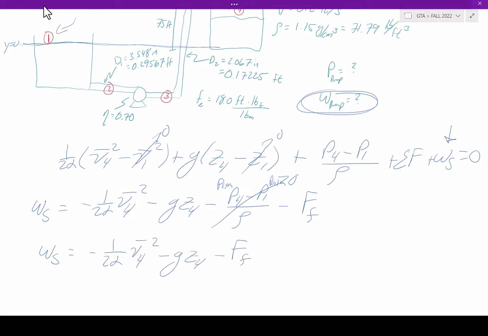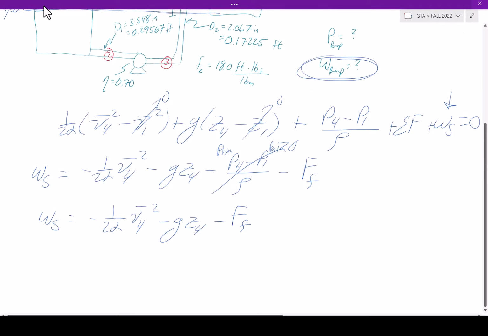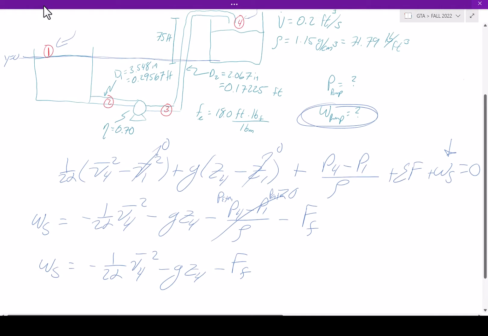Okay, so we do not have this velocity or volumetric flow, but we can find it because we're given the inside diameter of the pipe. If we look at the labeling here, the volumetric flow rate at point 2 must equal the volumetric flow rate at point 3, which equals the one at point 4, because there's no buildup, there's no accumulation.